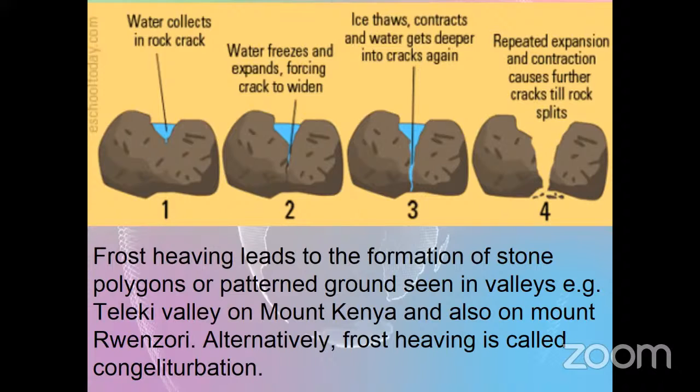So you can read for us this paragraph. Teacher, me? Yes. Frost heaving leads to the formation of stone polygons or patterned ground seen in valleys. For example, Teleki Valley on Mount Kenya and also on Mount Rwenzori.